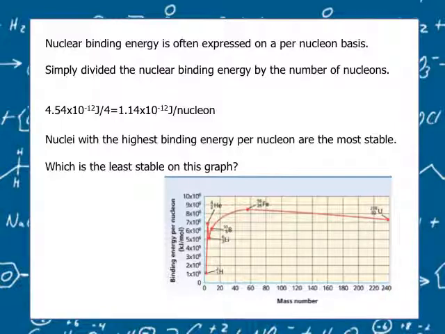There's the nuclear binding energy that I calculated on the previous slide. The mass number of this isotope of helium was 4. And so this is my final answer, which will be referred to as the nuclear binding energy per nucleon.